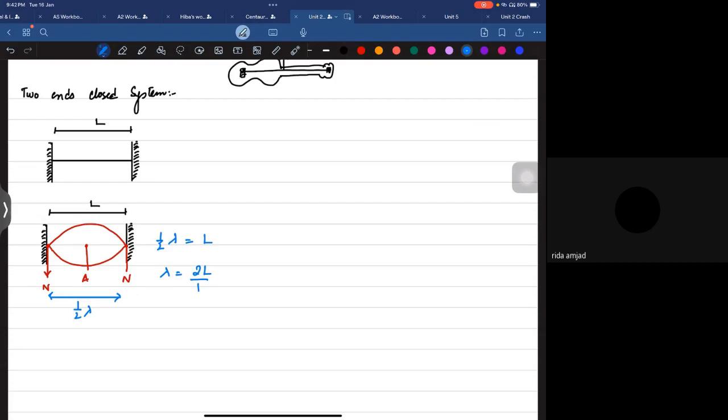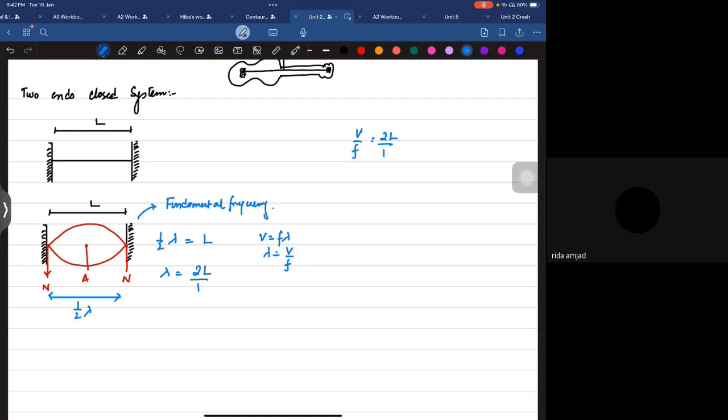In this system, the first frequency at which a stationary wave forms is called the fundamental frequency. We can find that frequency by simply using V equals F lambda, because lambda will be V upon F. So this will come out to be V upon F equals 2L over 1.